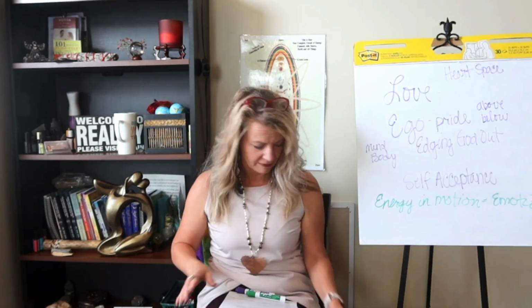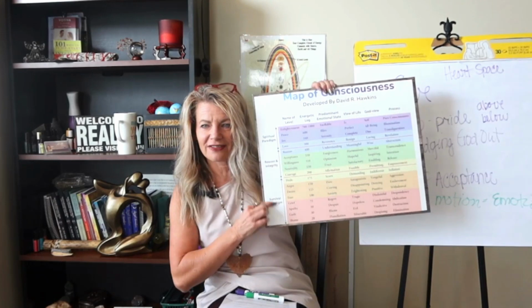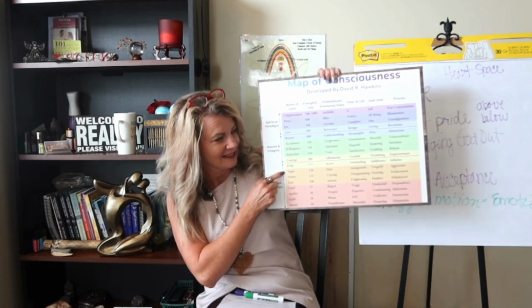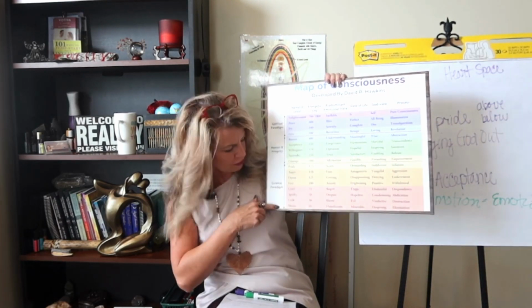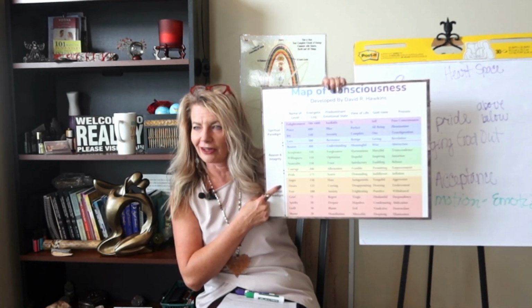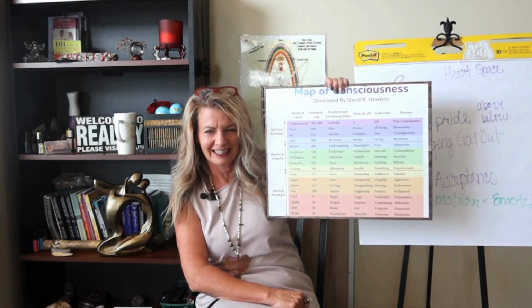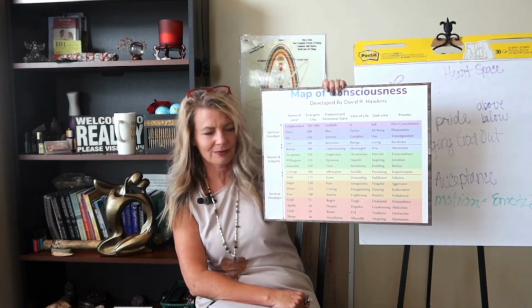So anger, if you look at where anger is, look how high it is on the scale. It's actually better to feel angry than to feel shame. If you're angry, you're probably not suicidal. You're going to do something different in your life. Anger can create change.